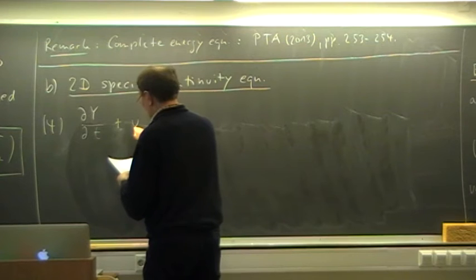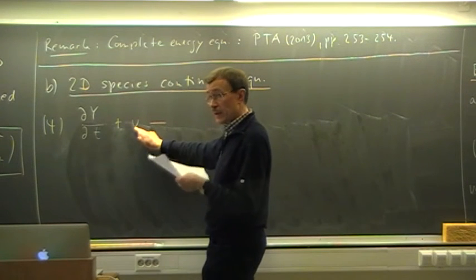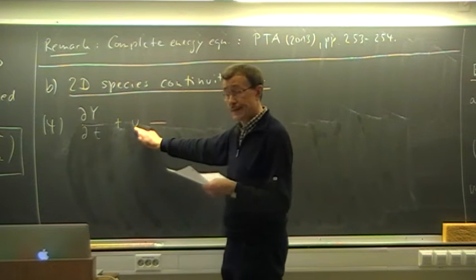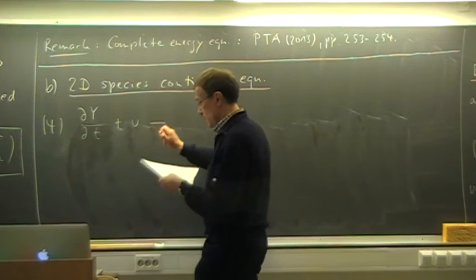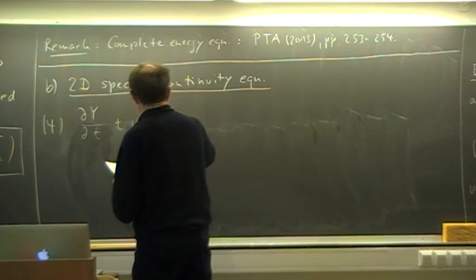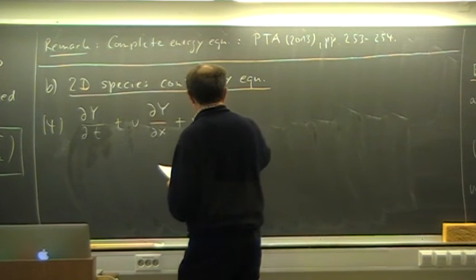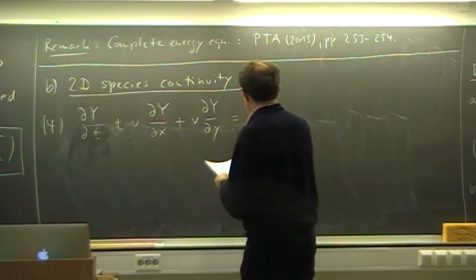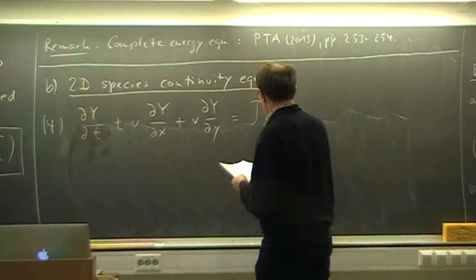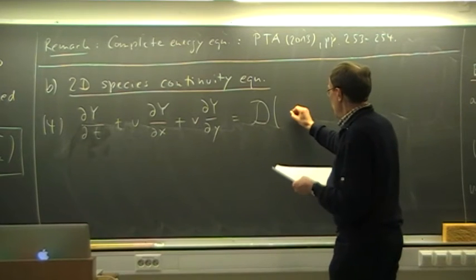Then we have again, as for the energy equation, here the velocity, which might again be, usually is not constant, but is a function of time and space. So we have first the x derivative, and then we have the y derivative, the v, velocity component in the y direction. On the right-hand side, we have the diffusivity, which is this curly d. We assume that it is constant.